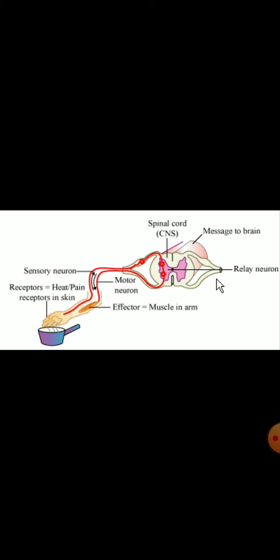The path through which the nerve impulses pass during reflex action. For this, you must know what reflex action is: a quick, sudden, and immediate response of the body to a stimulus. And the reflex arc is the path through which nerve impulses pass.